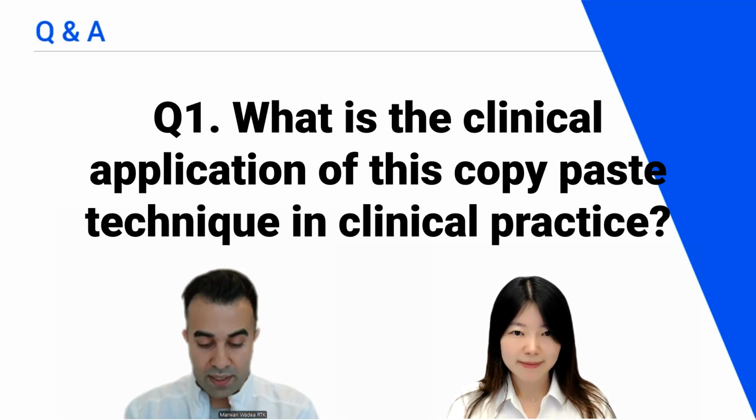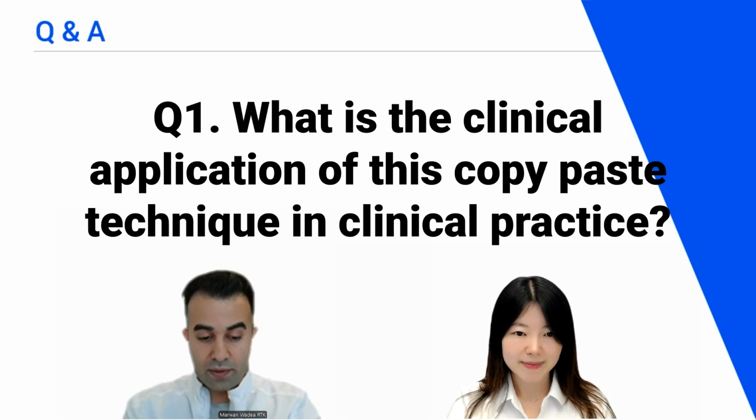In clinical practice, I believe there will be a scenario where, let's say, to put an example, a patient would come in and she would need to have a denture or all on X. And when we ask the patient what the desired teeth shapes are, the patient might say, I would love to have a similar smile to what I used to have in the past when I was younger.